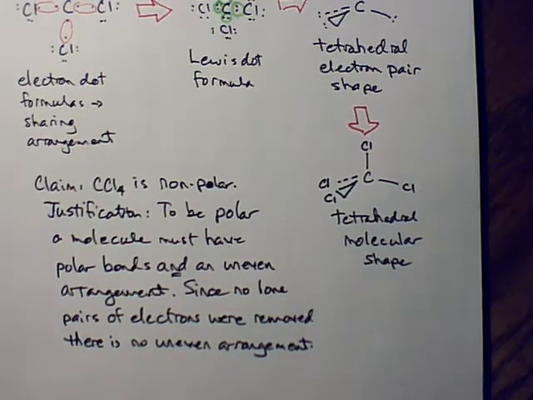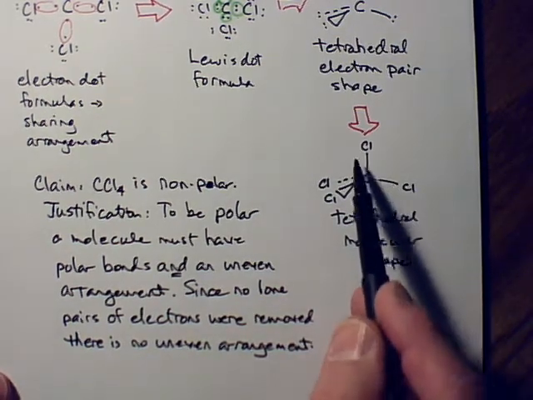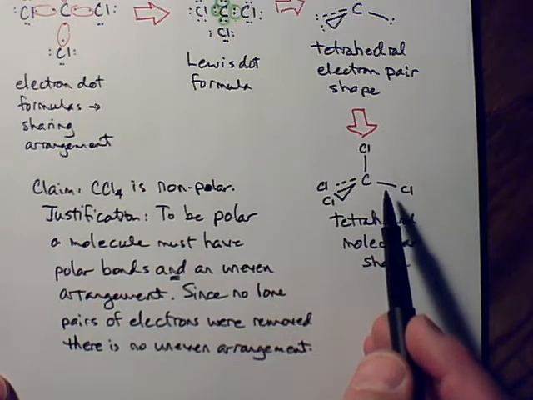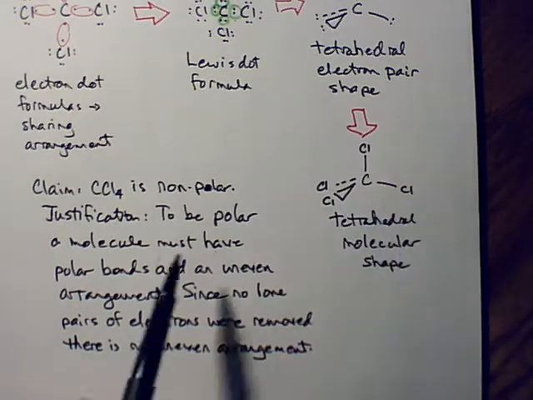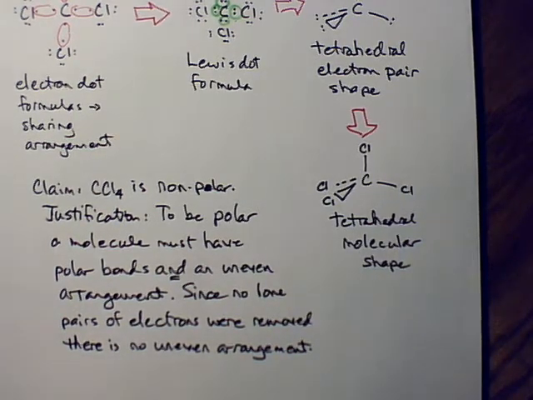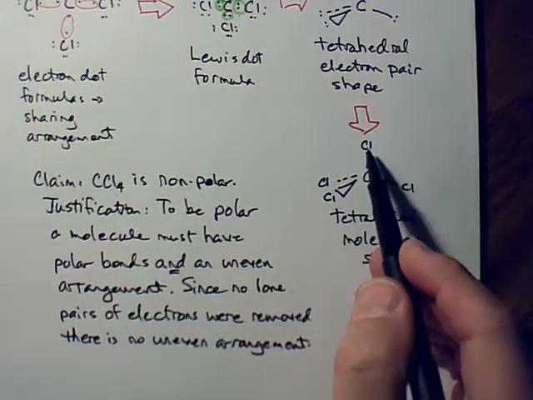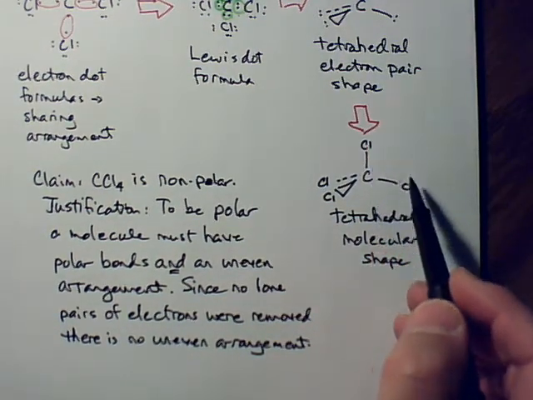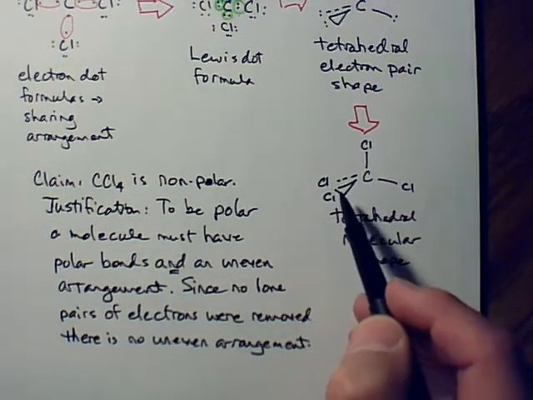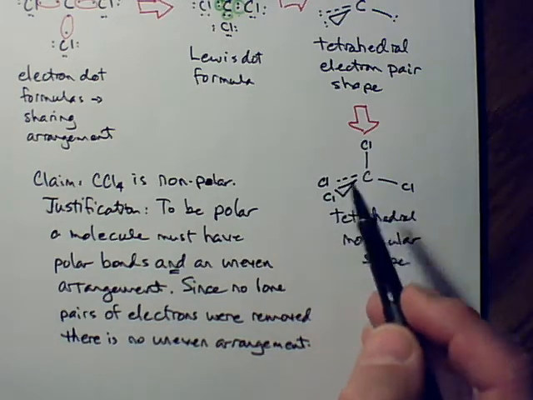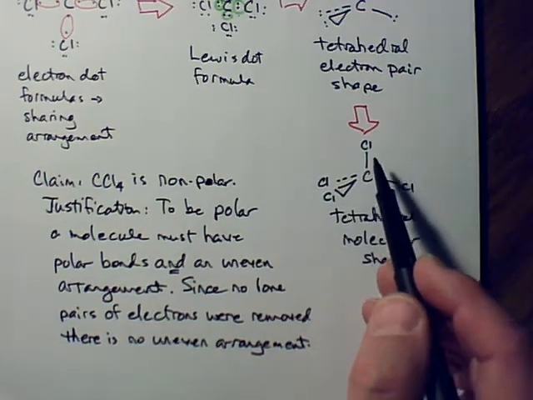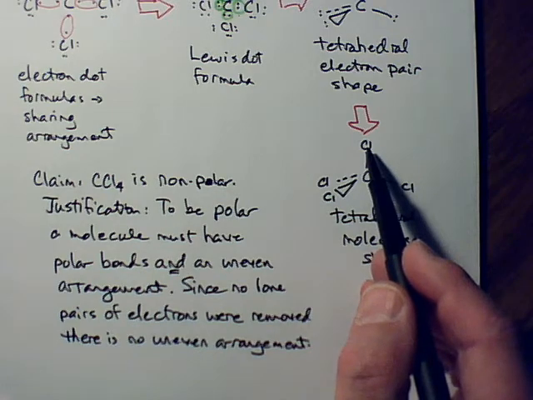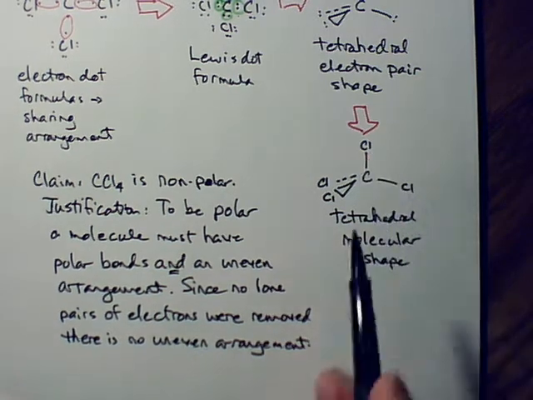All right, just so I don't leave you in the dark, the way that you can have an even arrangement of molecule and still have a polar molecule is if some of the atoms are different out here. So some of the outlying atoms are not the same, and you have an extreme difference in electronegativity between some of those.